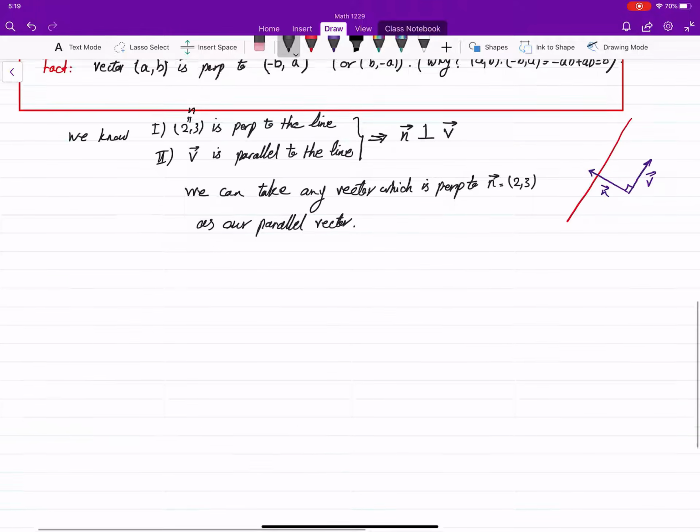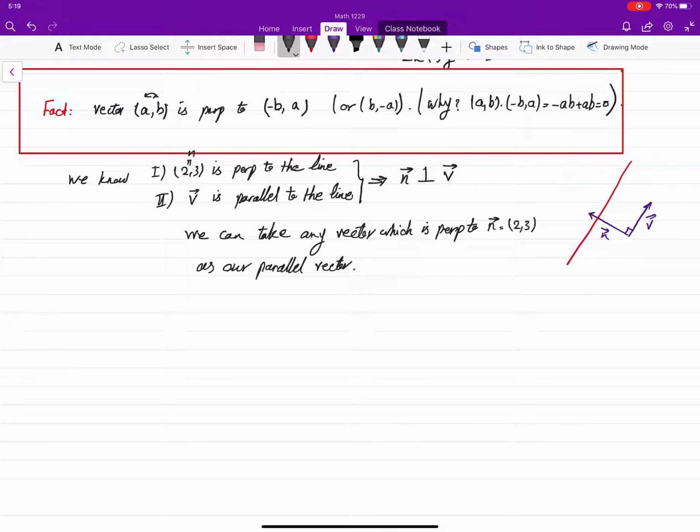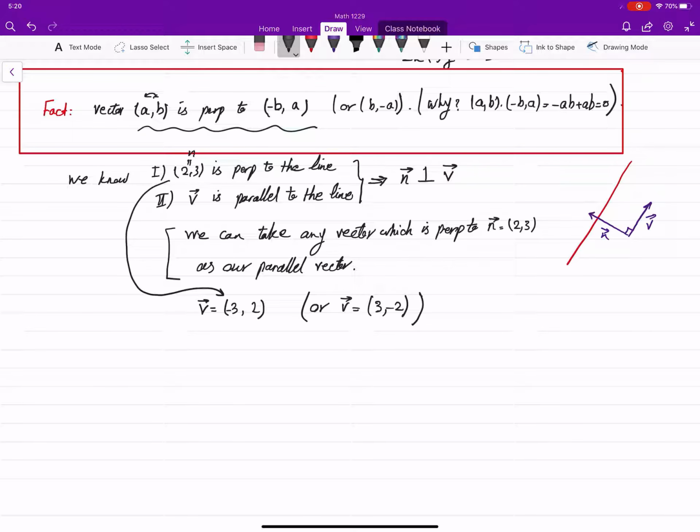So now I can combine this fact with the result we have here, and I can say that v can be either, switch the components, (3, 2) and make one of them negative, or we can do the other one. v can be (3, -2). Remember, switch the components and multiply one of them by negative.